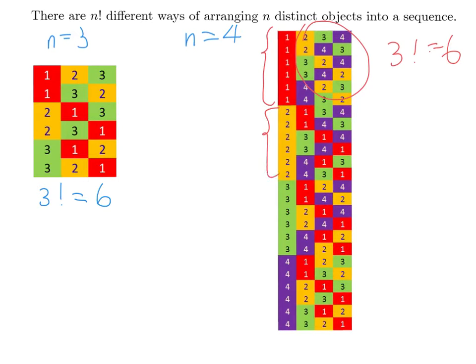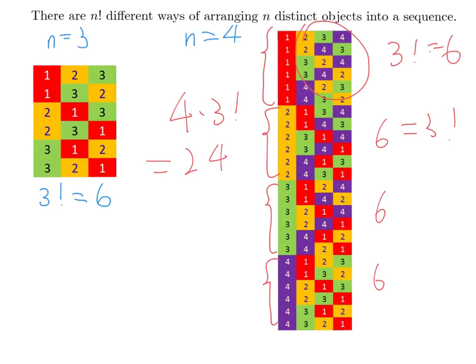And then we have 6 ways to arrange with 2 first, 6 ways with 3 first, and 6 ways with 4 first. Each will have 6 different cases because 6 is 3 factorial. So totally there are 4 times 3 factorial cases to arrange 4 objects. That is 24, or 4 factorial.